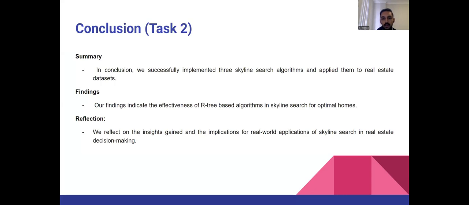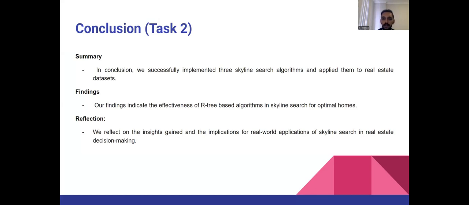Coming towards the conclusion and summing up the entire task, we successfully implemented and tested three skyline search algorithms on real estate data sets. Our findings indicate that R-tree based algorithms, specifically the branch and bound skyline and the branch and bound skyline with the divide and conquer approach, are highly effective for skyline search.